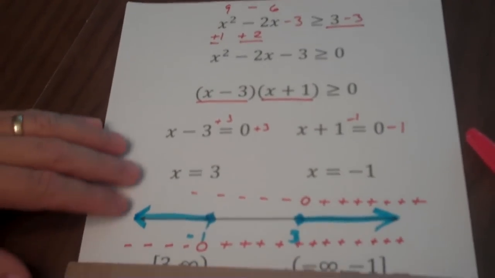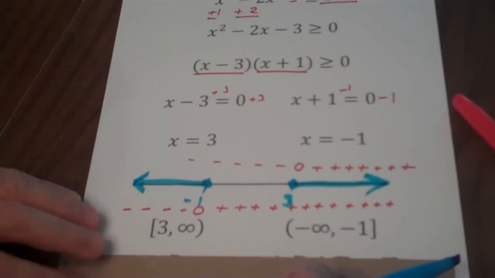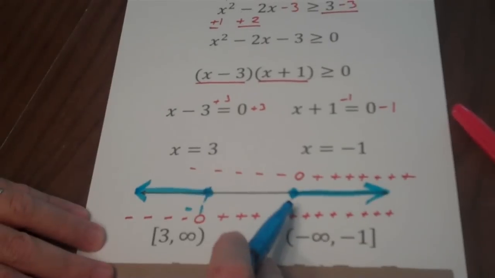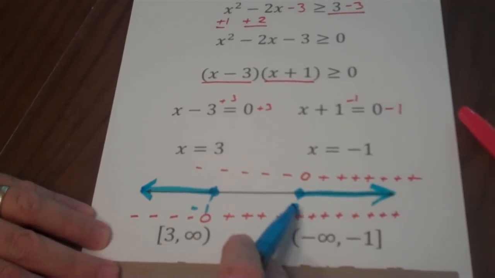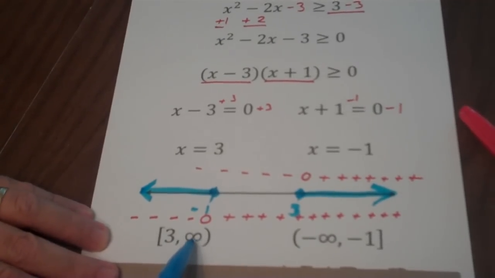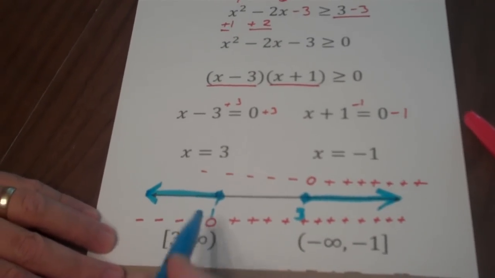As a final step, I'd like to show you how to write this solution. All the values where x is greater than or equal to 3 would be with a bracket all the way up to infinity, which of course would have a parenthesis.